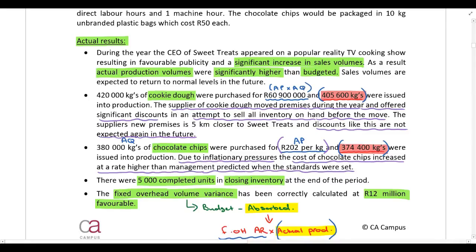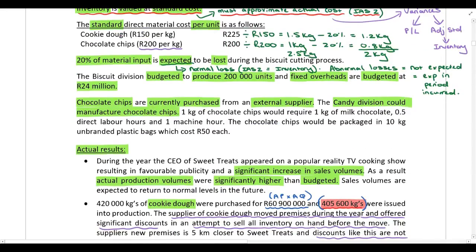And we know in terms of IAS 2, abnormal losses are not included in the value of inventory. Abnormal losses must be expensed in the period incurred. So the material usage variance will not be taken to inventory and we will not adjust standards, but instead the variance will be taken to profit or loss. And overall we had an unfavorable material usage variance. So that means because the variance is unfavorable, it will be expensed in profit or loss.